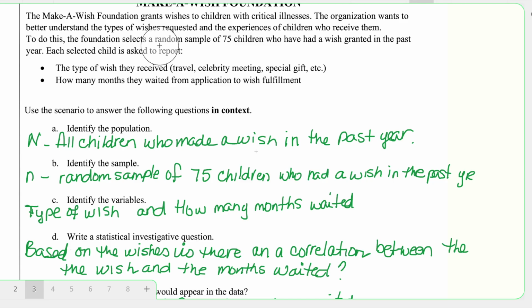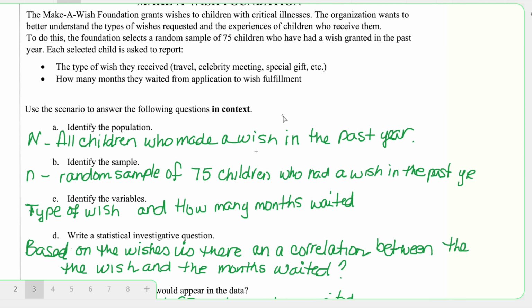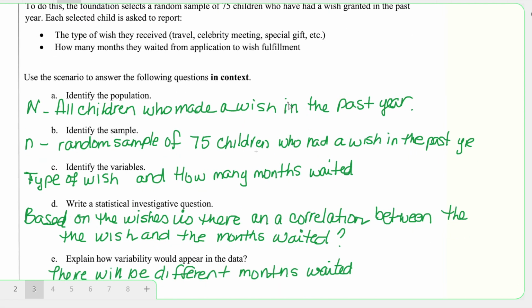So we are going to do a random sample of 75 children. And the type of wish and how many months waited, that would be identifying the variable. As we have here, the type of wish and how many months they waited, from the time of application to the fulfillment of that wish.